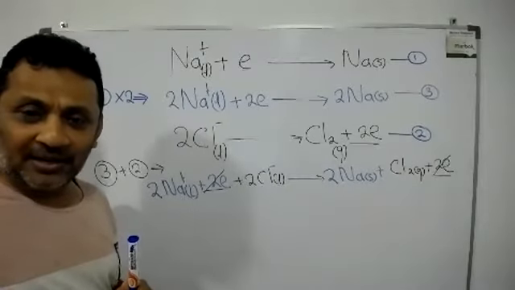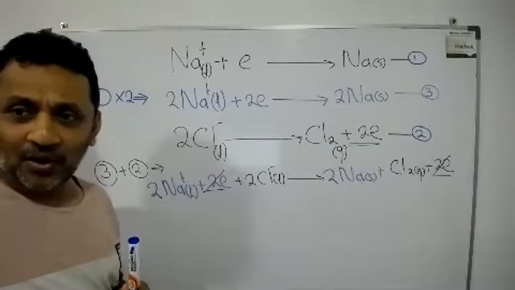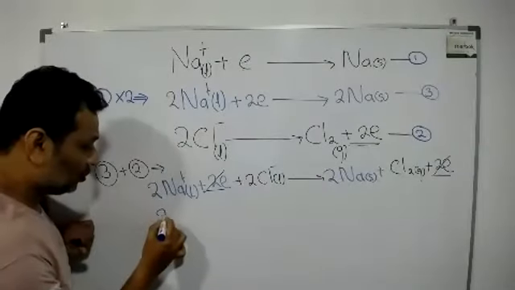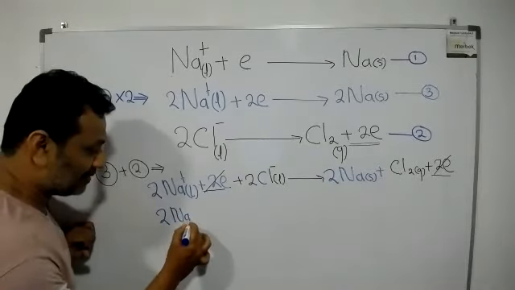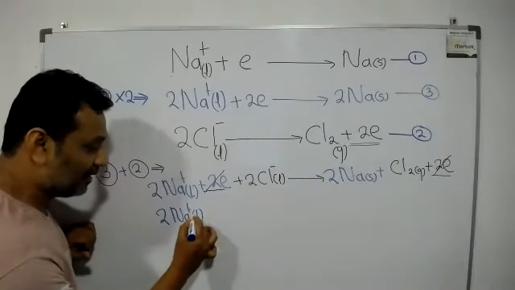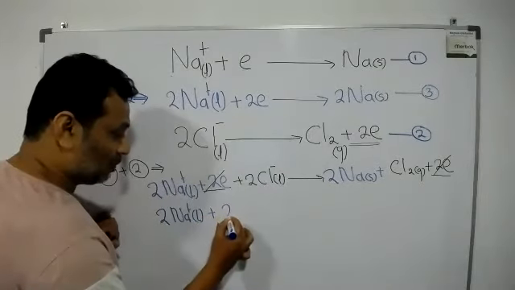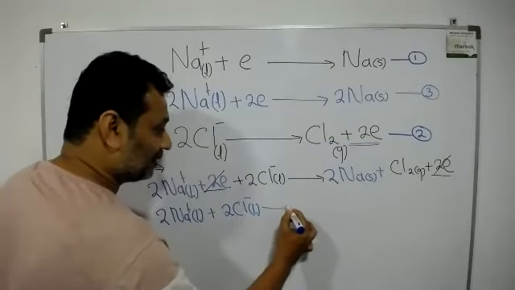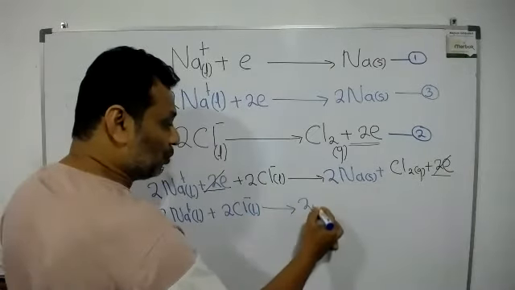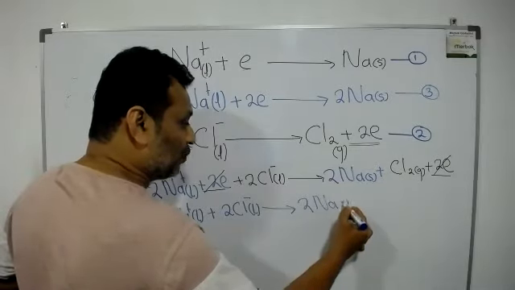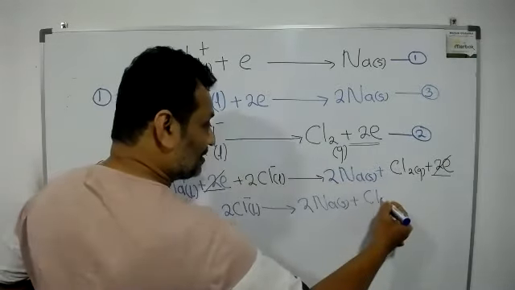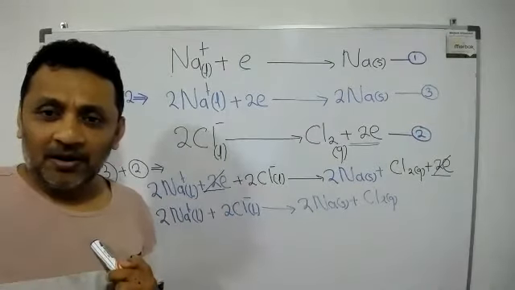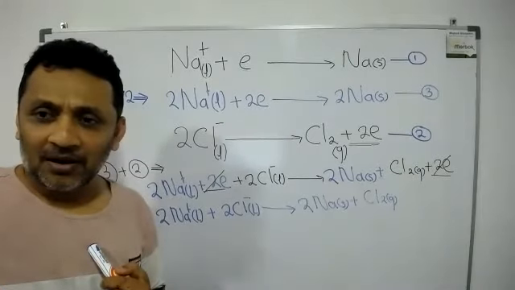If the electrons are cancelled, what remains here is 2 Na plus liquid, here 2 Cl minus liquid will remain, here 2 Na solid will remain, here Cl2 gas will remain. Are you clear?